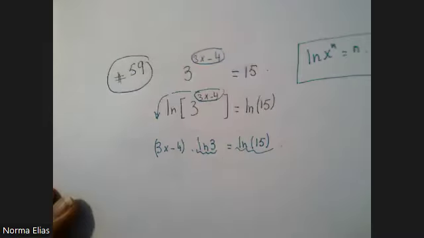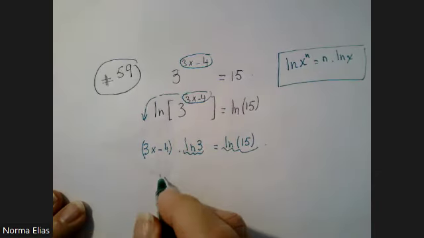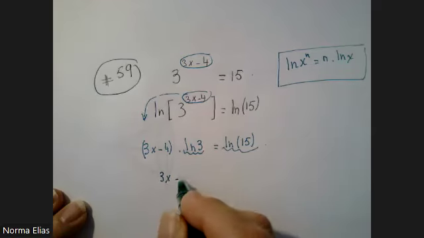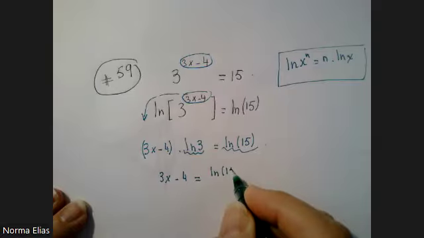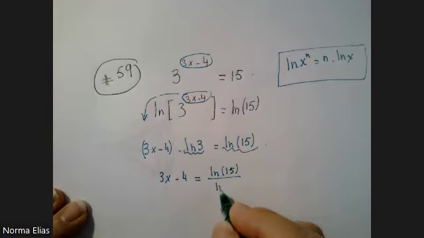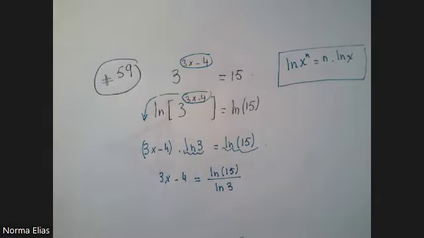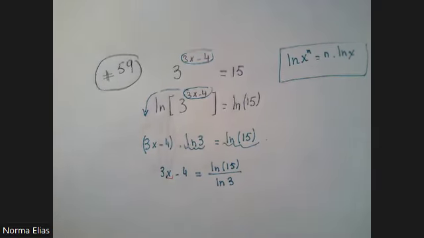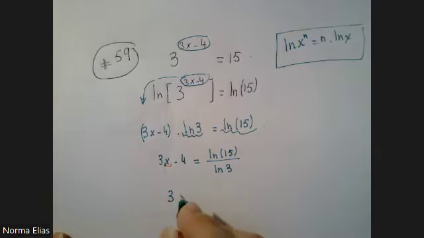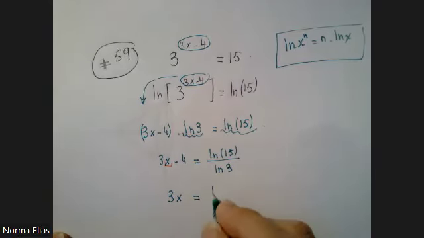At this stage, you can use your basic algebra technique. One way is to divide both sides by ln of 3, and this helps me isolate my little x. Now I'm going to add 4 to both sides: ln of 15 divided by ln of 3 plus 4.